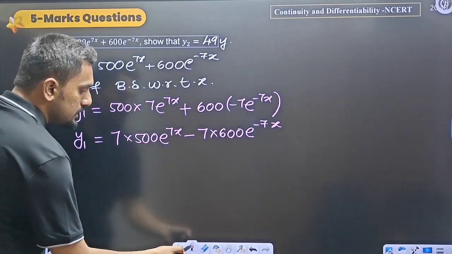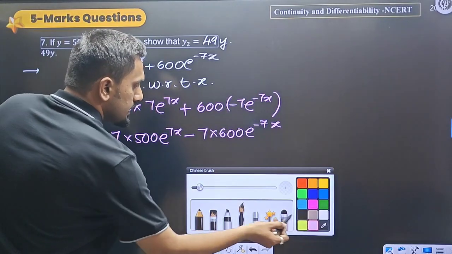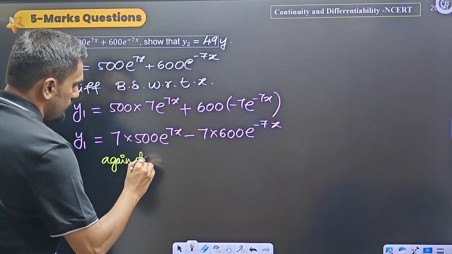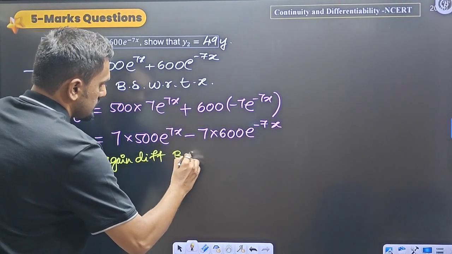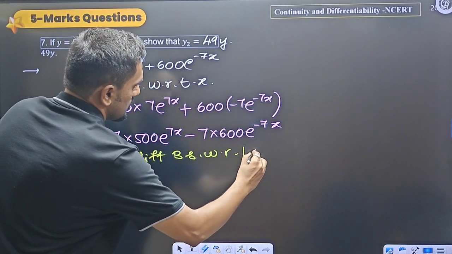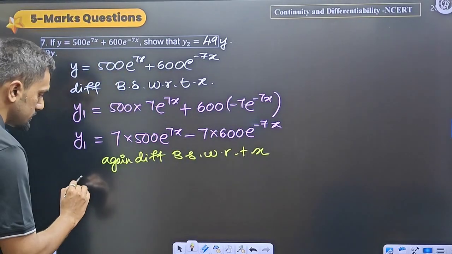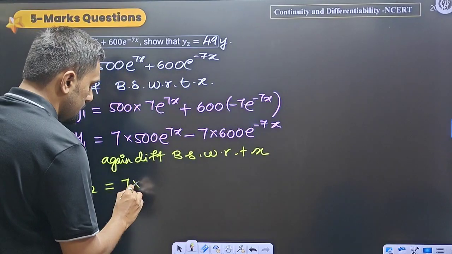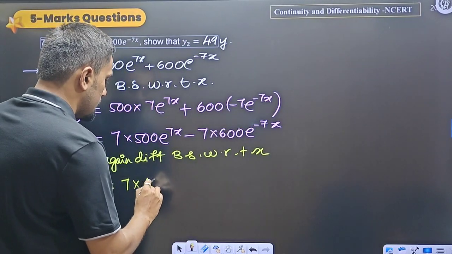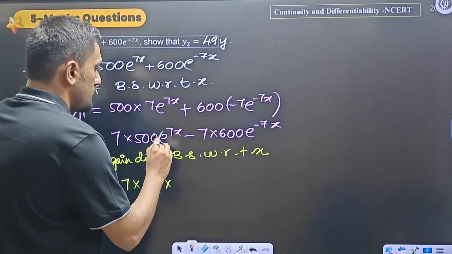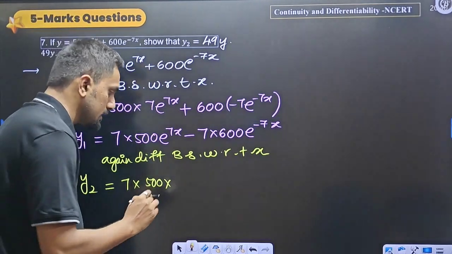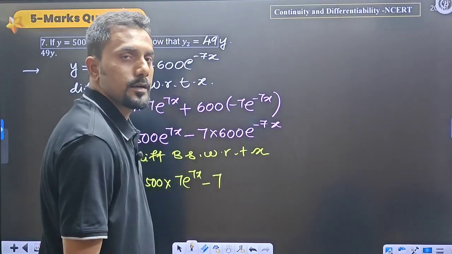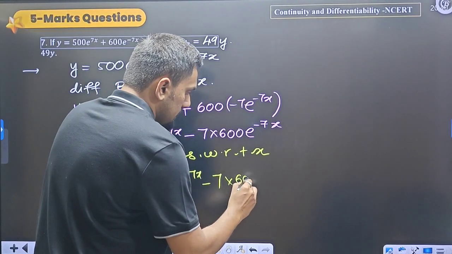Then again differentiating both sides with respect to x, then it becomes y2 is equal to 7 multiplied by 500 into e raised to the power 7x, whose derivative is 7 e raised to the power 7x, minus 7 into 600.